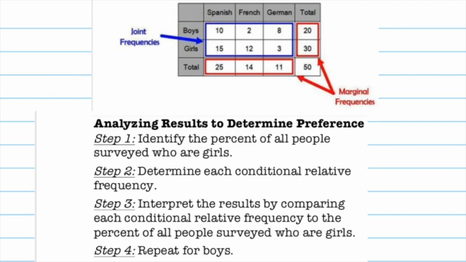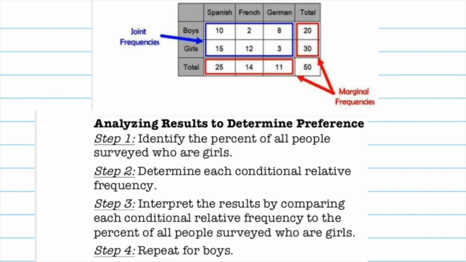do 15 out of 30 would be for girls that pick Spanish would be 50%, and then 12 out of 30 and then 3 out of 30. And you have to interpret the results, and then you would repeat the same thing for the boys, and that's all you do. So you just go by column and then by row and do each category.